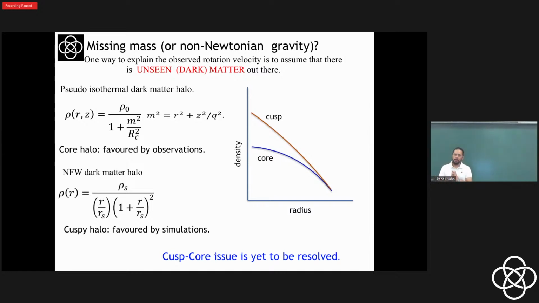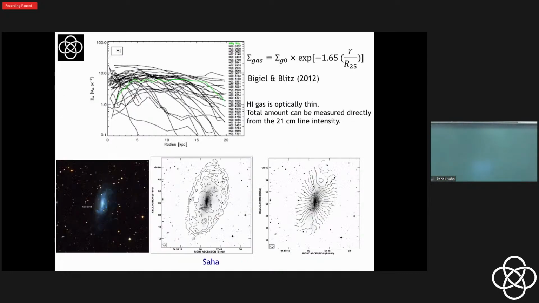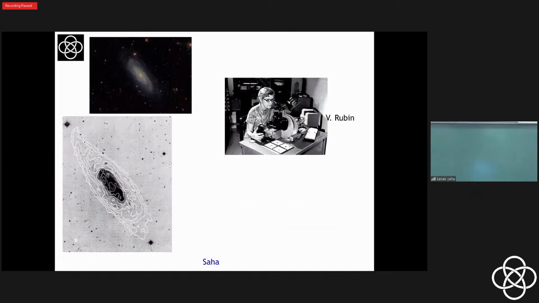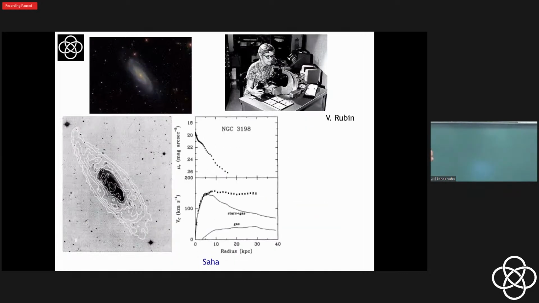From the flat rotation curve, which I showed in this plot, one can deduce that if the circular velocity is constant, this can be used to show that the density rho is proportional to 1 over r square.